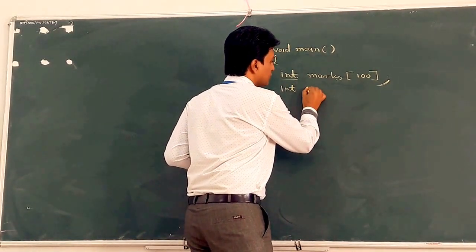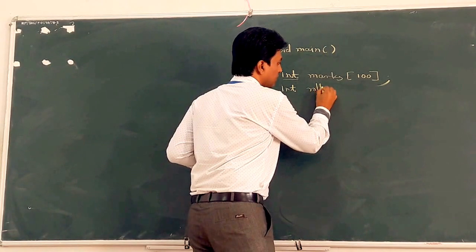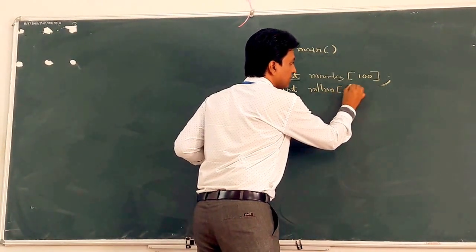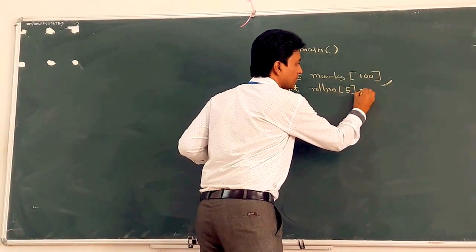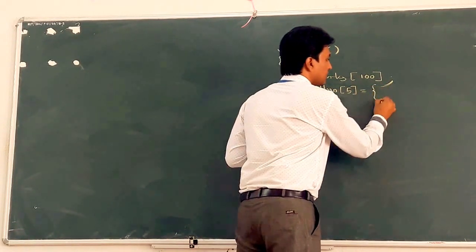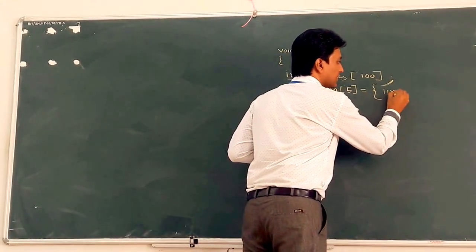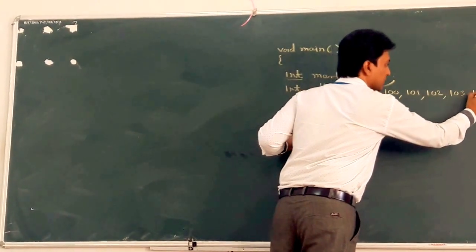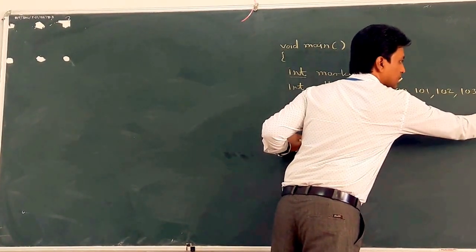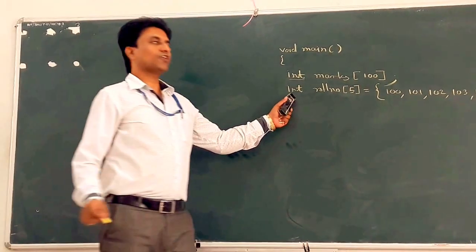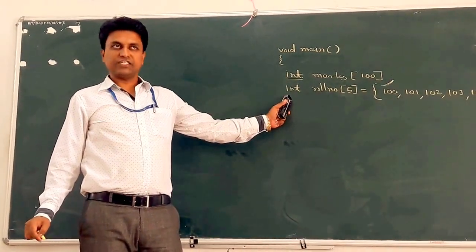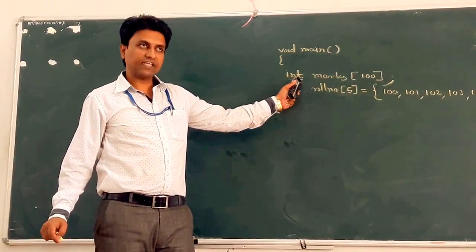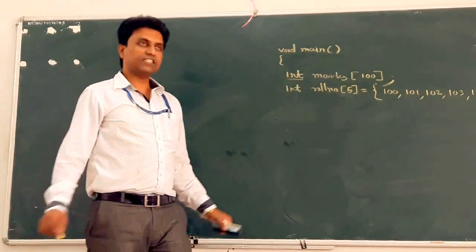Suppose we want to store 5 roll numbers in the array, equal to curly brackets 100, 101, 102, 103, 104, then semicolon. So this is called array initialization.